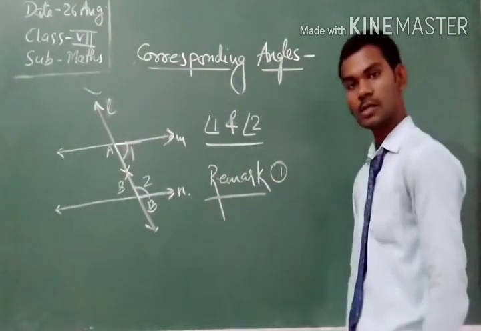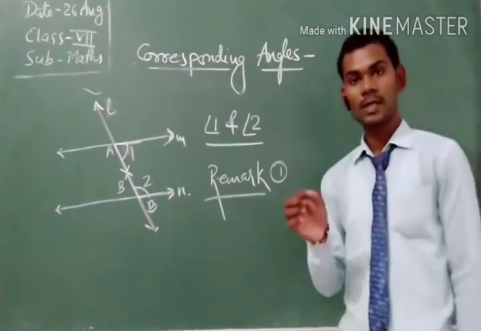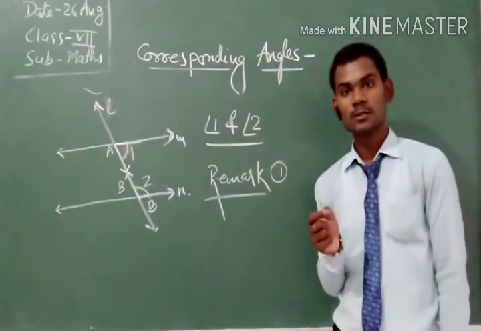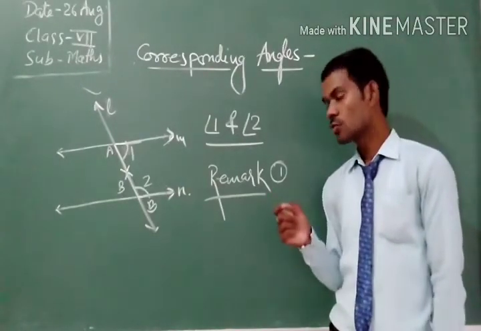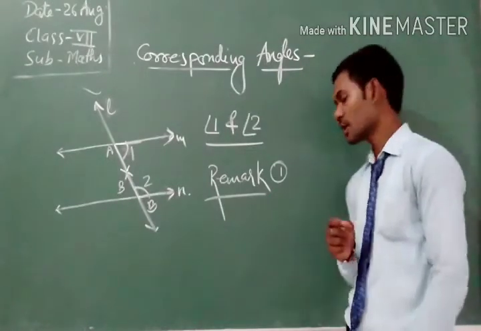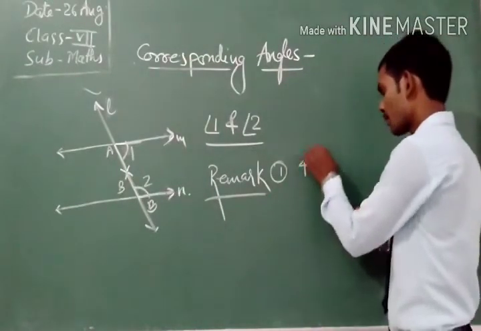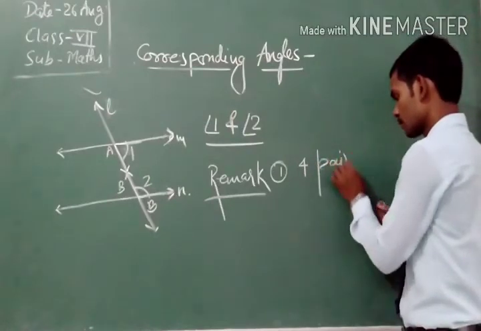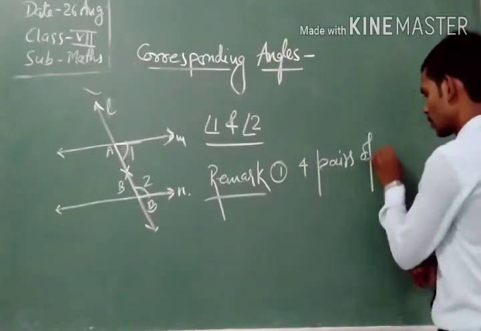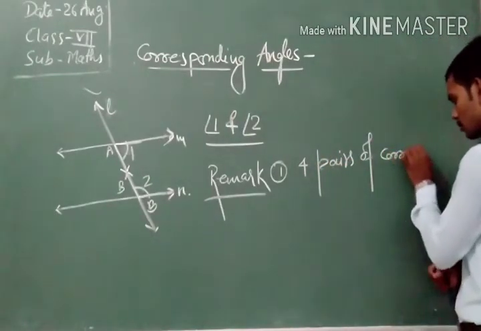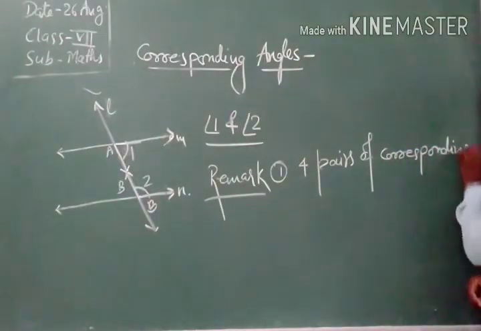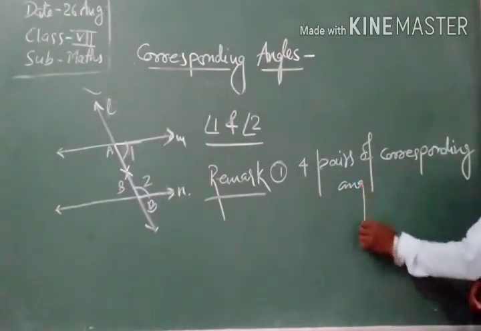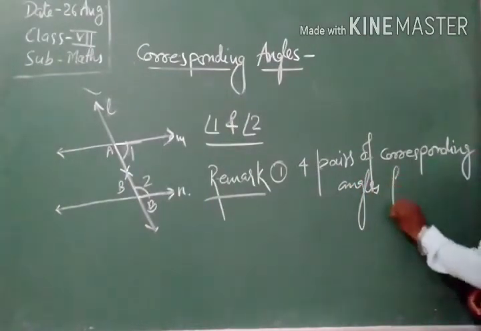The first remark is that when a transversal cuts two given lines, then four pairs of corresponding angles are formed.